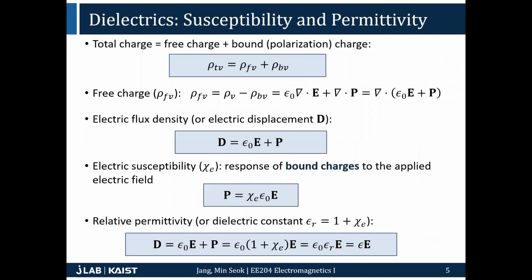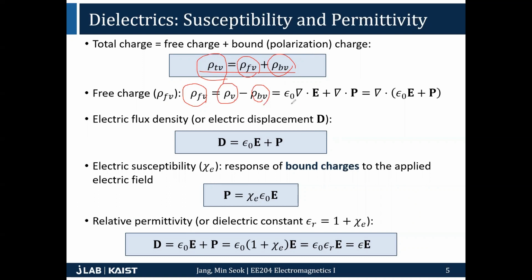Okay, so now in a dielectric material, in an insulating material, you now understand that the charge can be divided into two parts. One is the free charge, and the other is the bound charge. Bound charge is created as a response of a material, so that's a different thing. Free charge is something you can freely move around. If you rewrite this equation, free charge is the total charge minus bound charge.